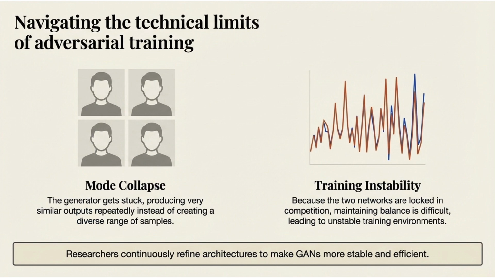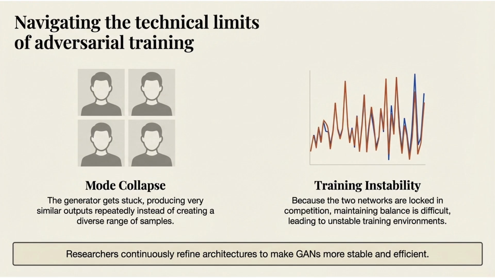Despite their powers, GANs also come with technical challenges. One common issue is mode collapse, where the generator repeatedly produces similar outputs instead of diverse samples. Another challenge is training instability because the generator and discriminator must remain balanced during learning.